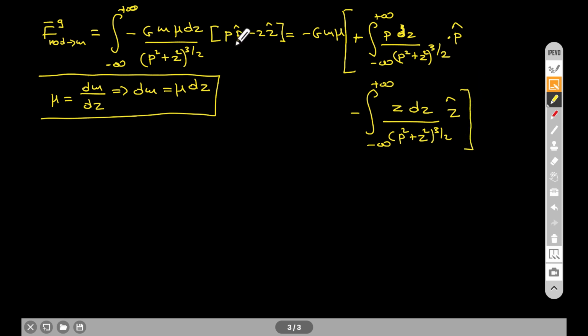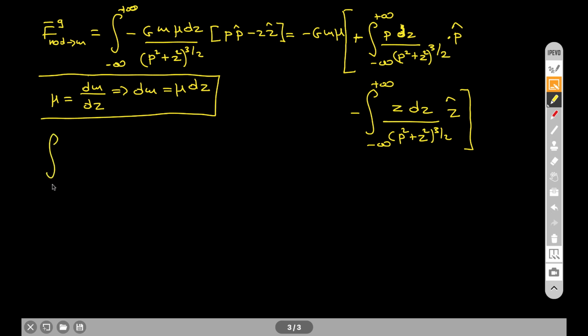All right, so what I did essentially, I got rid of the bracket here, and now this will give me the rho hat component, and this will give me the z hat component. I will let you do the calculations for these two integrals.